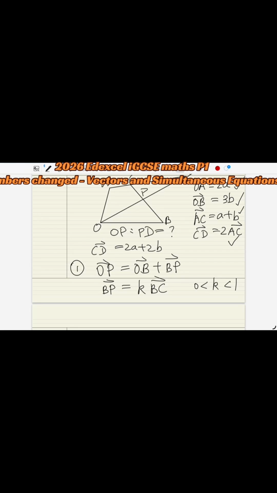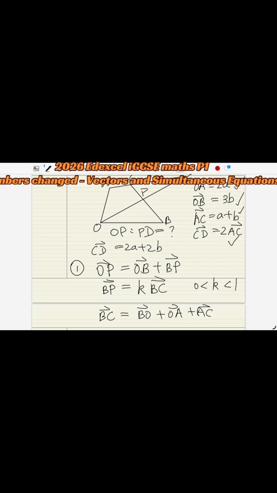So the logic here is step by step, digging deeper and deeper. BC equals, from B to C, we go from B to O, and then O to A, and then A to C. That is the path we need to choose.